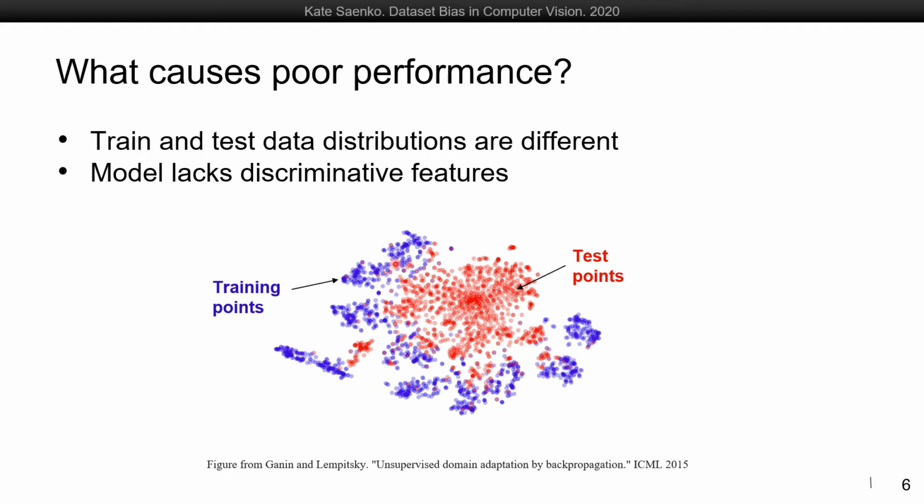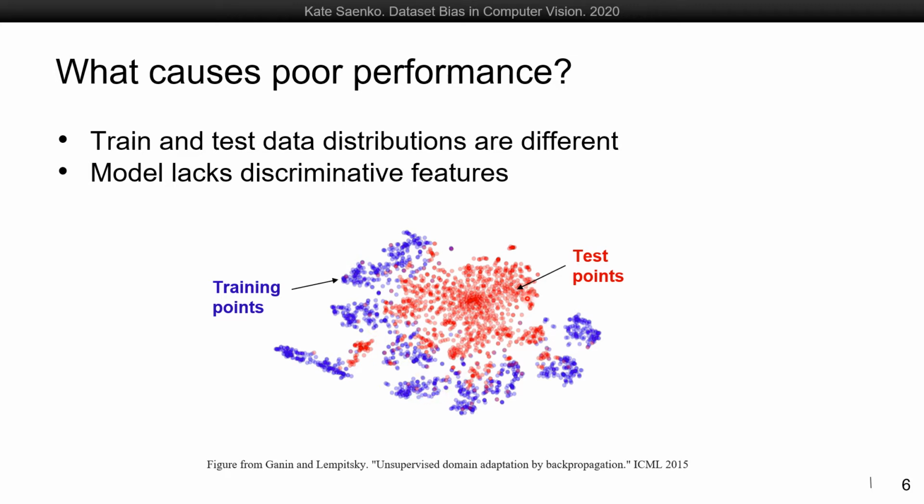Because we're talking about deep learning, in deep learning the model learns its own feature representations. And so another problem that we might run into is that the model that's trained on source data may not transfer. Here, this is a visualization of the digit data set in two domains. The blue points are the source domain and the red points are the target domain points. This model that's being used to extract these features was trained on the blue points.